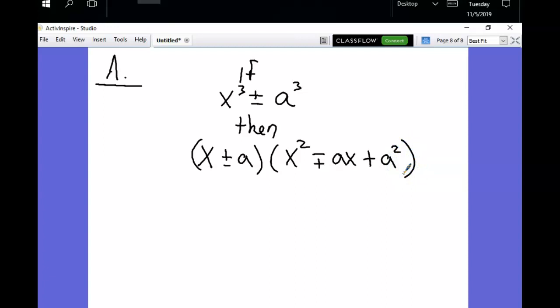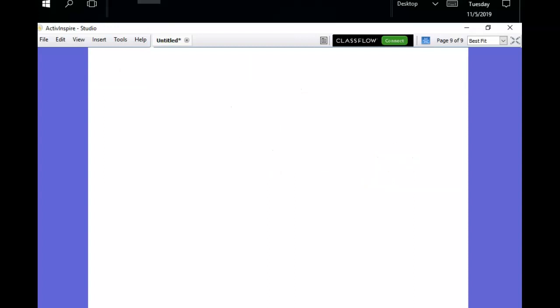I want you guys to notice a subtle detail here. If this is plus, then this will be plus, but this one will be minus. If this is minus, then this will be minus, but this one will be plus. So the point is that these will always match, but these two signs will always be opposites of the original. This one will always have to be a plus.